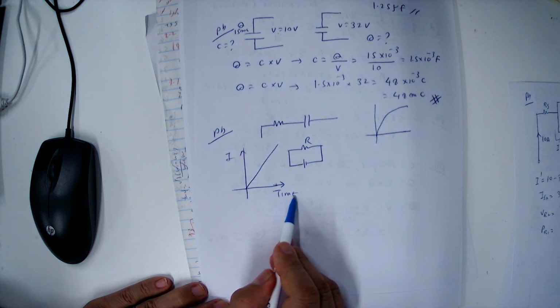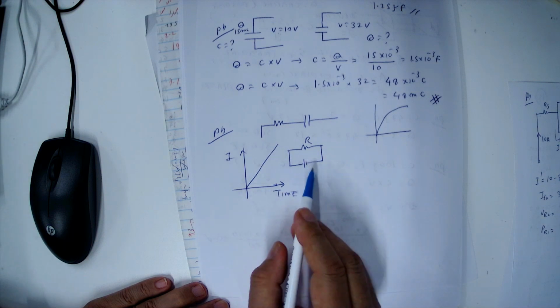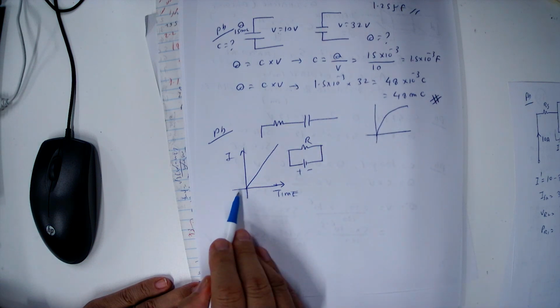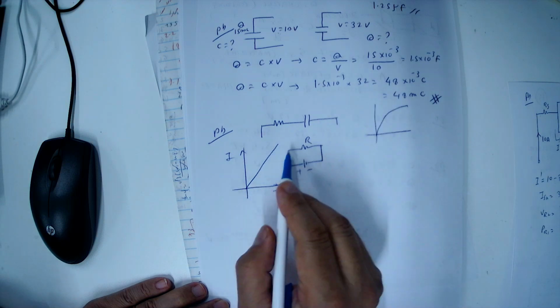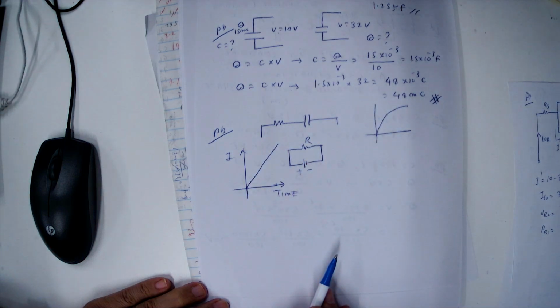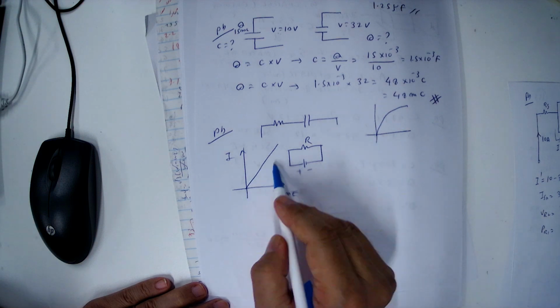When you connect a pure resistor to the supply voltage, as time goes on, current will be increasing like this. But if you connect the resistor and capacitor in series, the curve will not be a straight line.